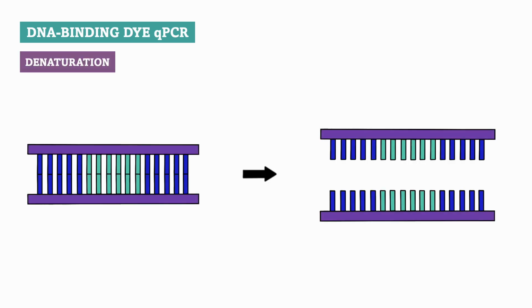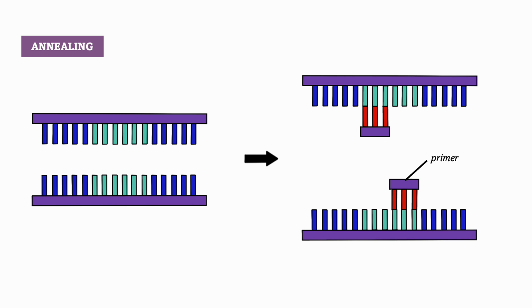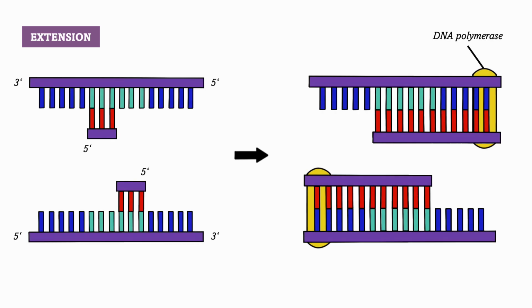If we take a closer look at the reaction, we will see that it starts with denaturation, when we separate the two DNA strands. In the second step, called annealing, primers anneal, attach to the DNA, and DNA polymerase is now capable of extending the DNA strand in the 5' to 3' direction during the third standard step called elongation or extension.